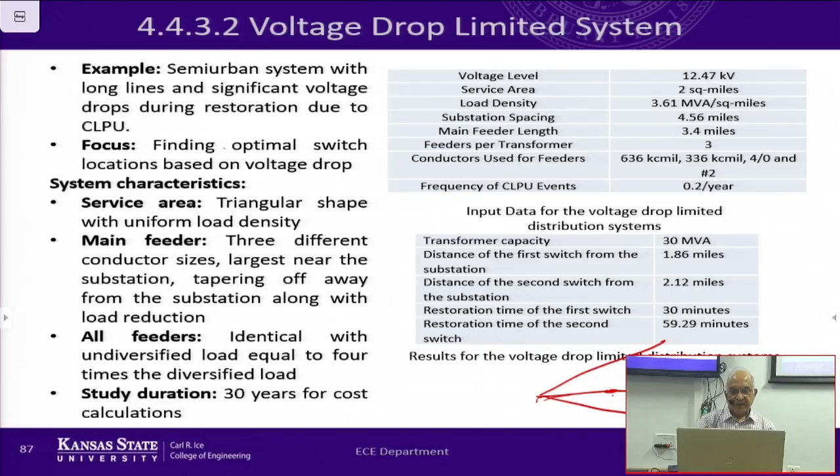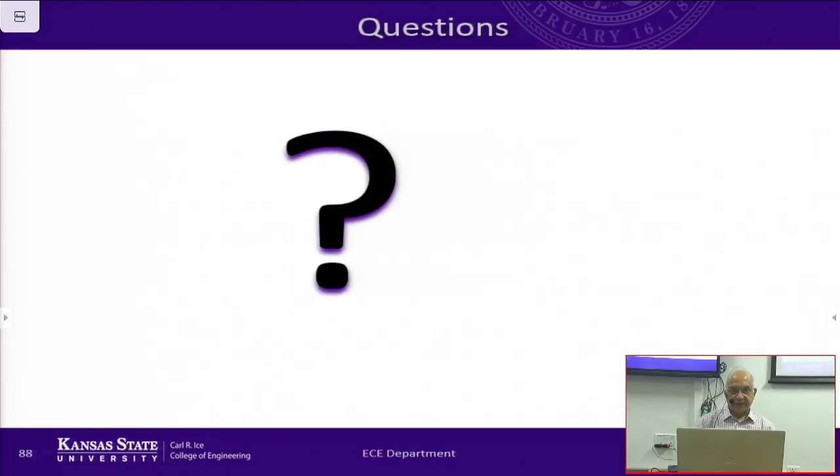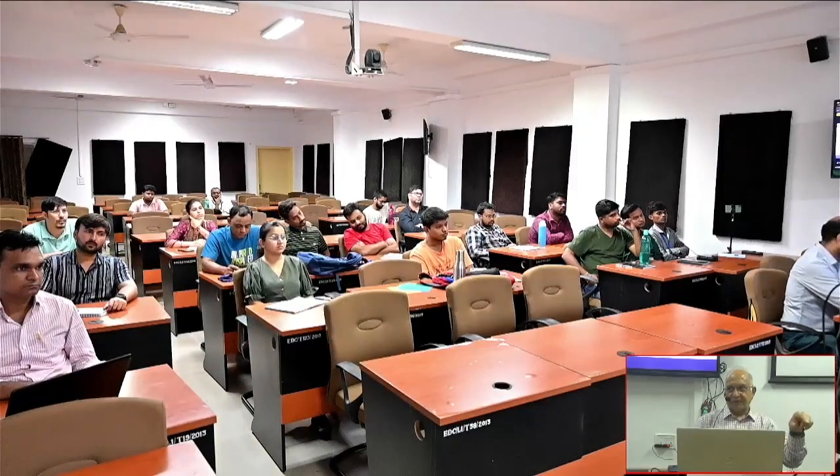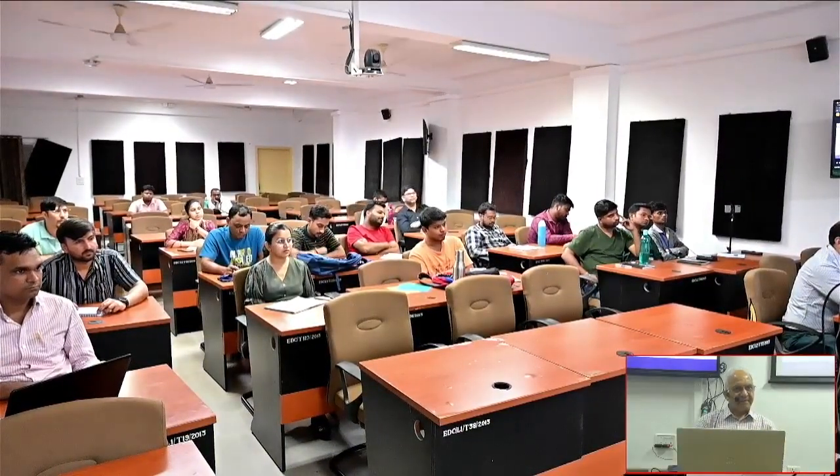So anyway, this is the end of the things that I started in the morning. So let's just have a few questions on this new material before I move to the next one.